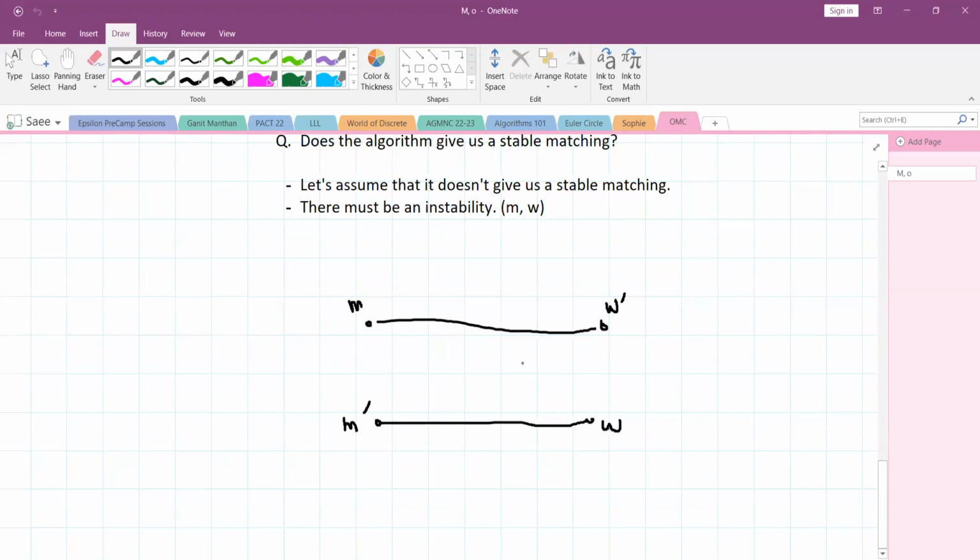And we're saying that M comma W is an instability, which means M likes W more than he likes W prime. So in the preference list of M, W comes to the left of W prime. And similarly, W likes M more than her current partner, which is M prime, right?